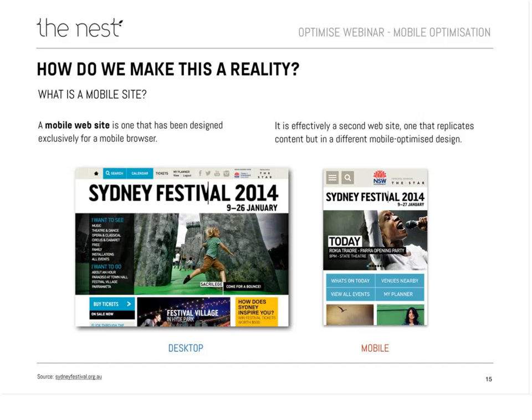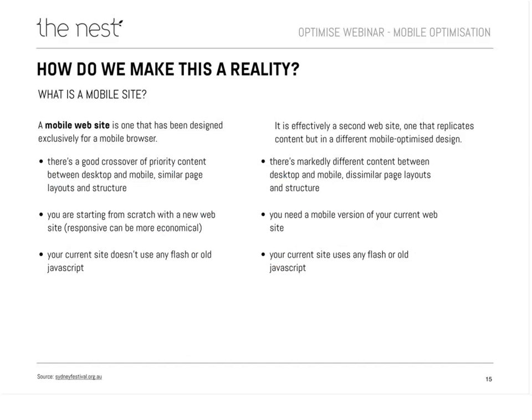For example, what's on today? That's obviously a very common one. But here, venues nearby, what's near me, which we wouldn't necessarily have a use case for on the desktop side. So there clearly is a feature that is perfect for mobile and has a great mobile use case, and doesn't really have the same strength of use case on desktop. So that's the mobile side.